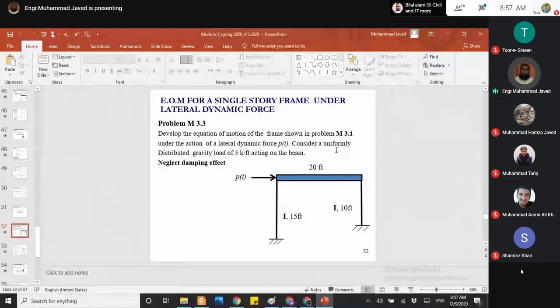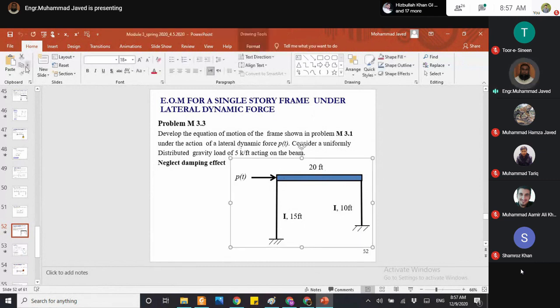The additional data which is given is that the lateral dynamic force is P of T and the UDL acting on the beam is 5 kip per foot. And since C is not given viscous damping coefficient, therefore we will assume that this is an undamped system.